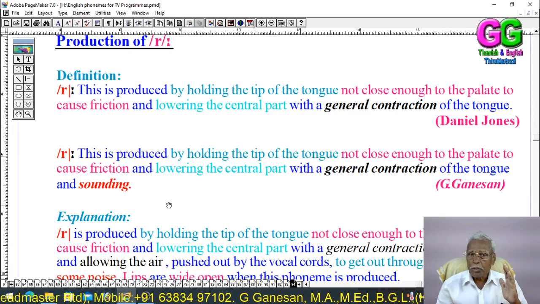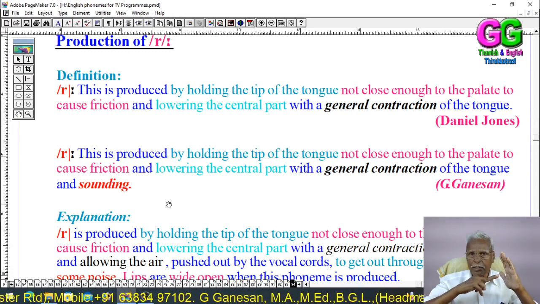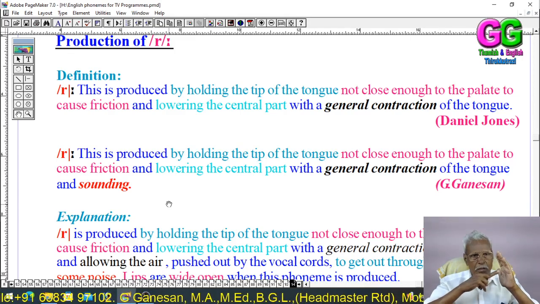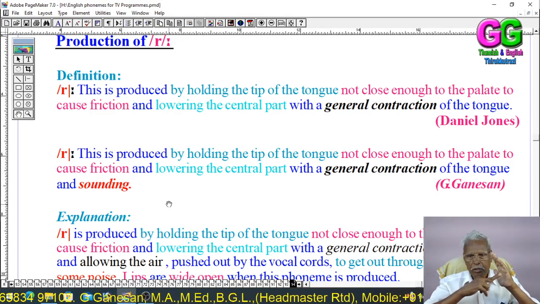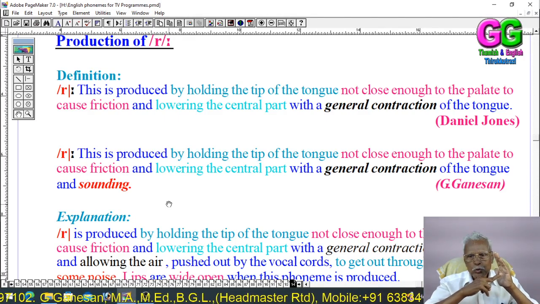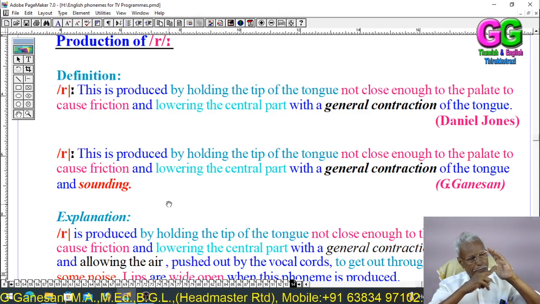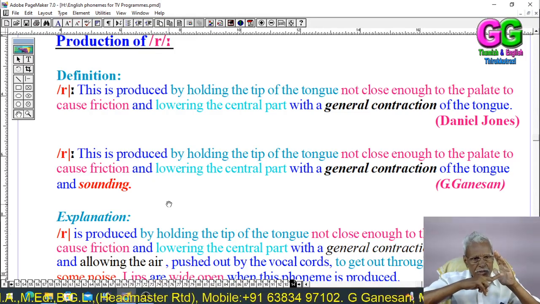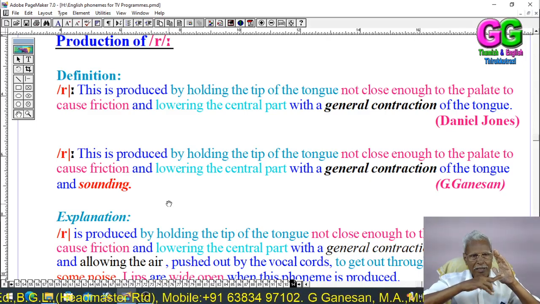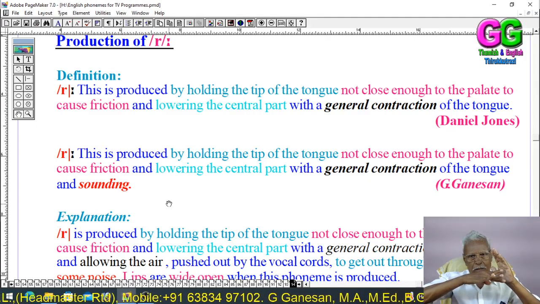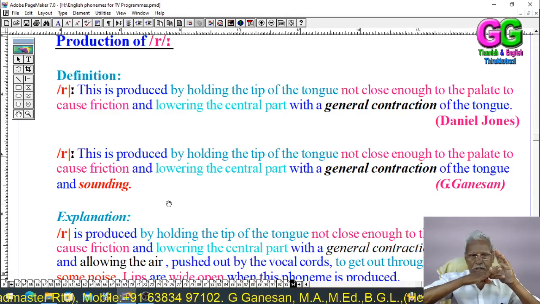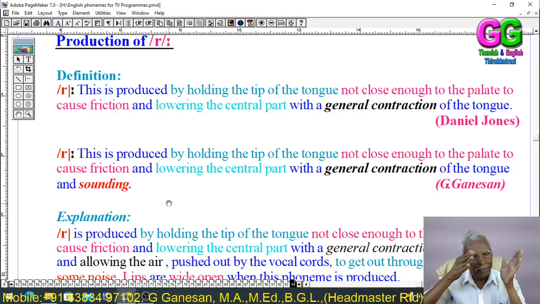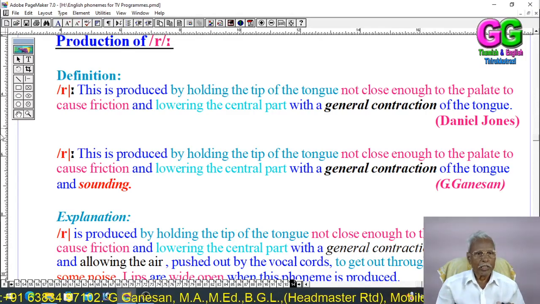R is produced by keeping the tip of the tongue not close enough to the palate to cause friction, lowering the central part of the tongue, and narrowing the entire tongue. That's all.